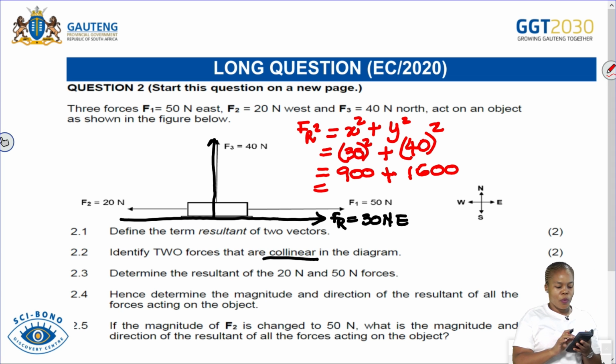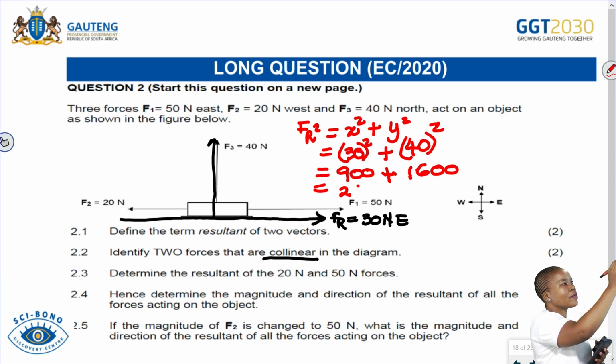Therefore 900 plus 1600 is going to give you 2500.